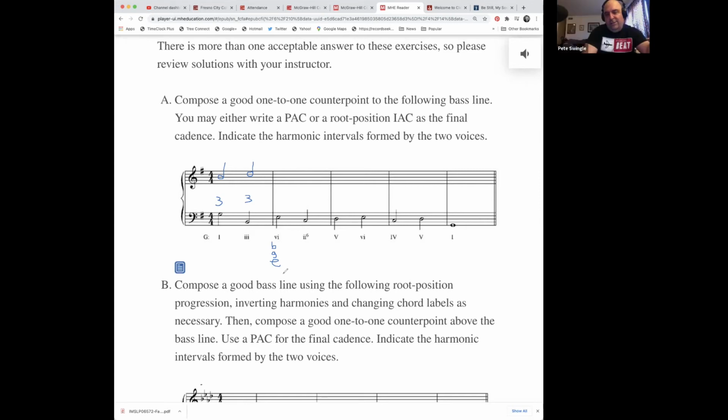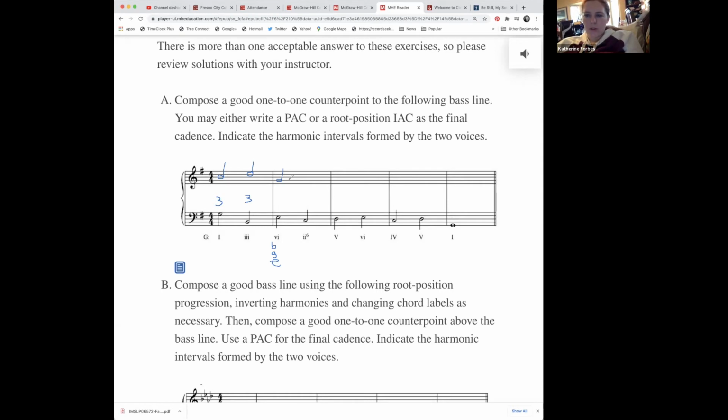You could go to the G, but is that breaking the rules because we've gone thirds three times in a row? I think what that rule was saying, Pete, was not to go three parallel thirds in a row. Yeah. So I think we're all right because it said you'd have to use thirds and sixths in the middle mostly.